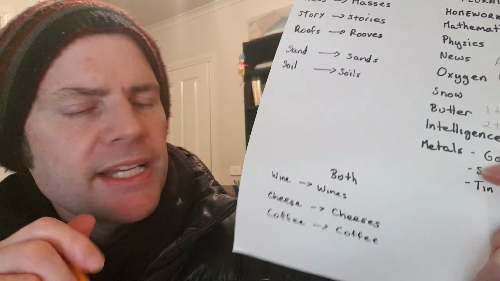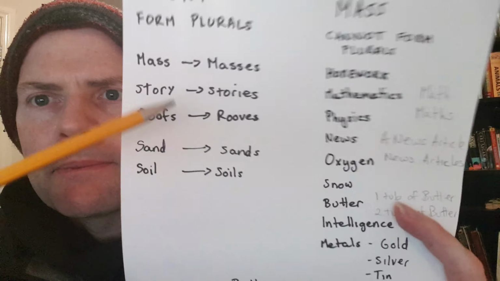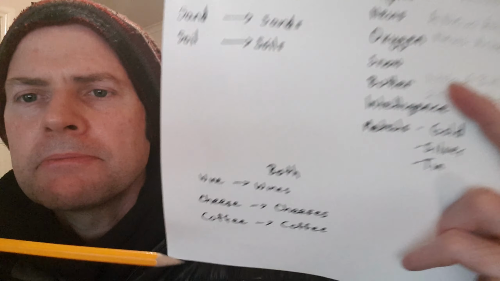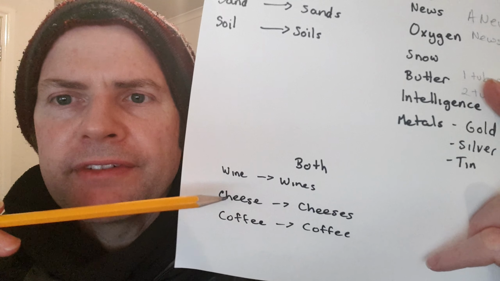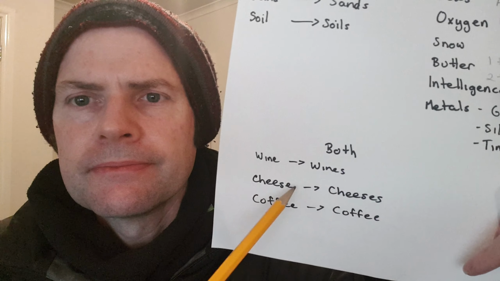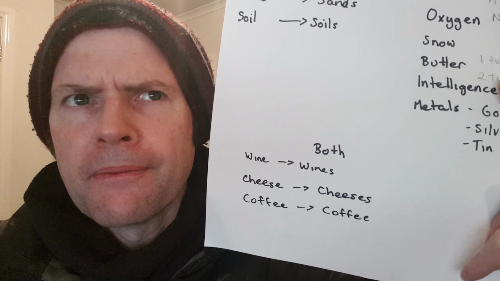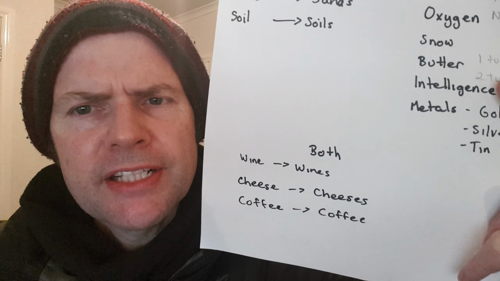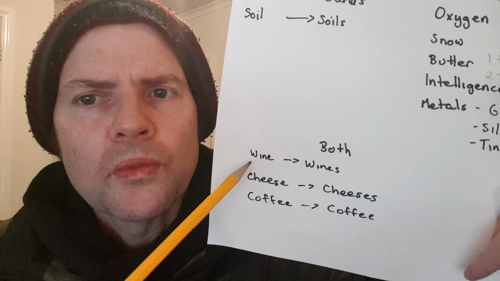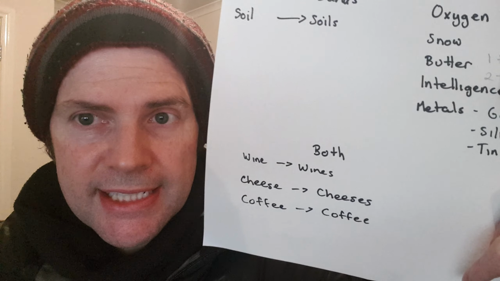And then we have both. We have some words that can be count nouns and mass nouns. So we have wine. All the wine in the world. The wines that come from France, or all the wine that comes from France. It depends on how you construct the sentence.